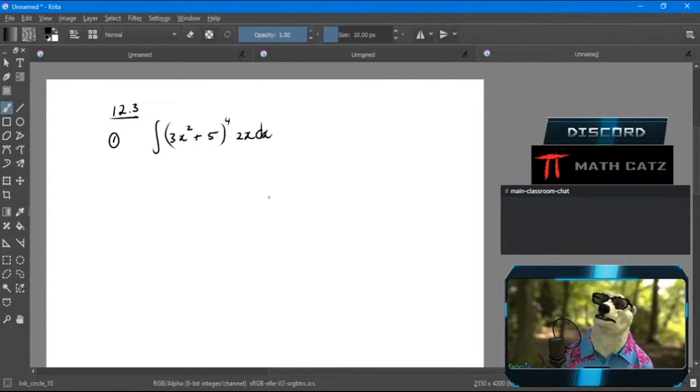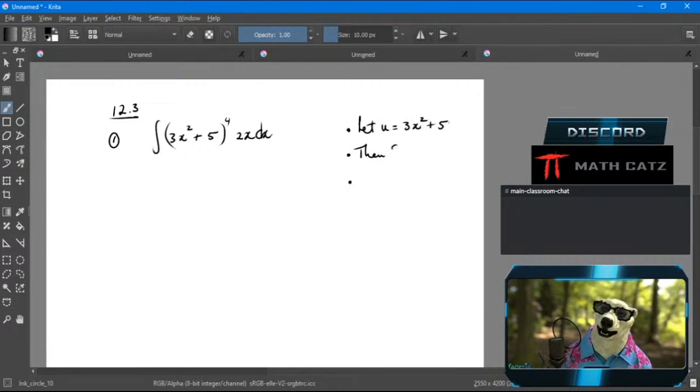So with enough practice, you start to see what do I watch out for? What's my thought process here? If I see a function of a function, it's substitution. Let u be my inside function, which is obviously 3x squared plus 5.